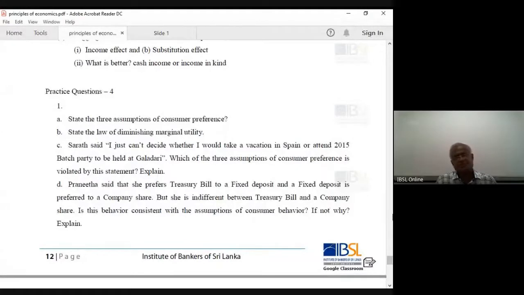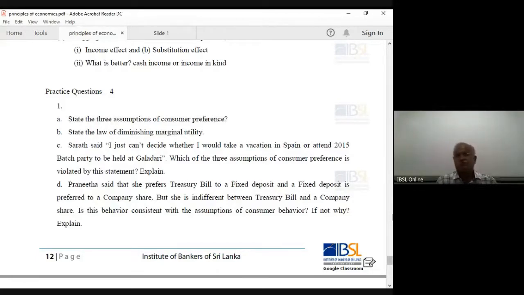The assumptions. Number 2. State the law of diminishing marginal utility. This is a fundamental law in economics, a universal law in economics. This is true for any country in the world. What is that?